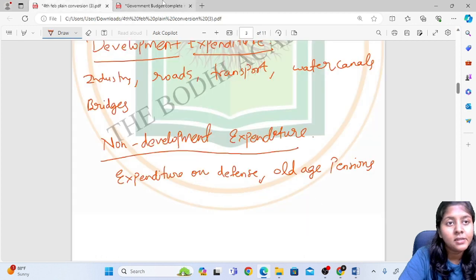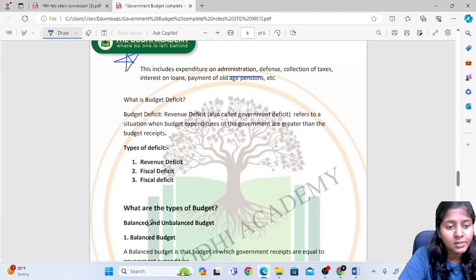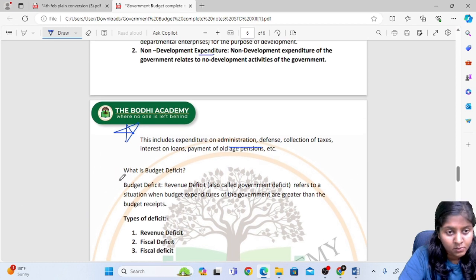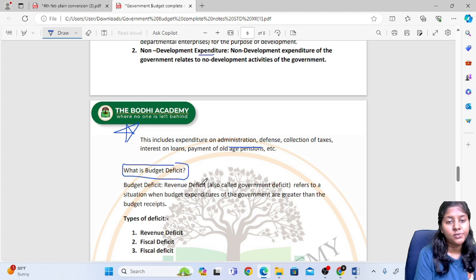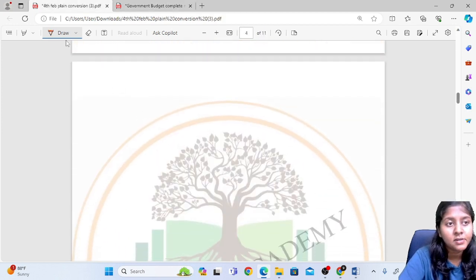Okay, then the next thing we have to understand is what we mean by budget deficit. Budget deficit, also called government deficit, refers to a situation when budget expenditure of the government is more than the budget receipts. So we can say that there is a budget deficit.